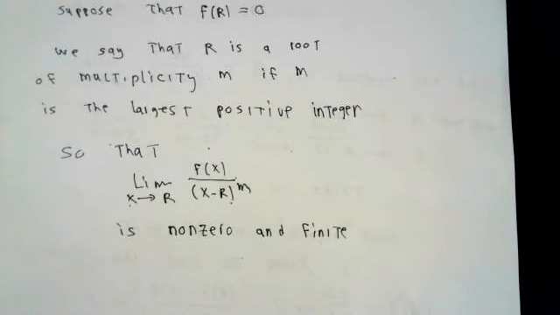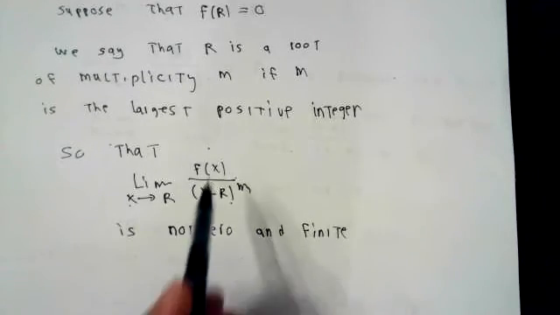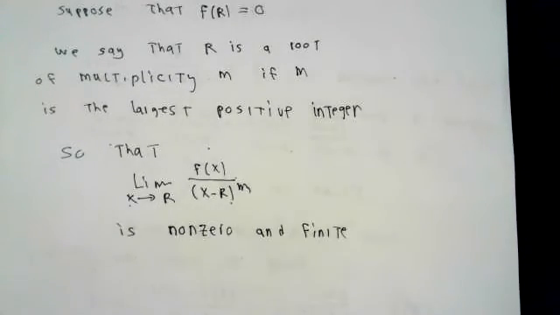We say that r is a root of multiplicity m if m is the largest positive integer so that when I calculate this limit, number 1, I don't get 0 for an answer, and number 2, the answer is finite. I don't get the plus infinity symbol or anything like that. We'll talk about what this means in a minute.